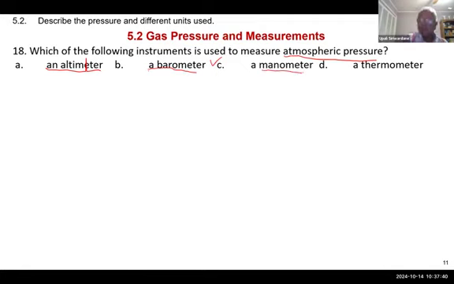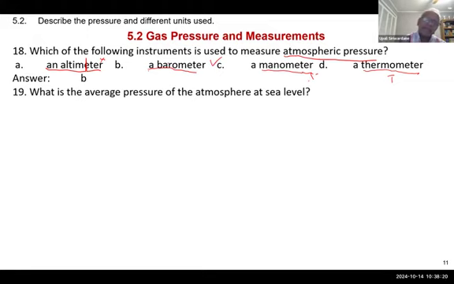Manometer is a general name for devices like piezoelectric devices that measure pressure of a gaseous sample. Thermometer is not used to measure pressure. Thermometer is temperature. B, I'm sorry, barometer is the correct answer.